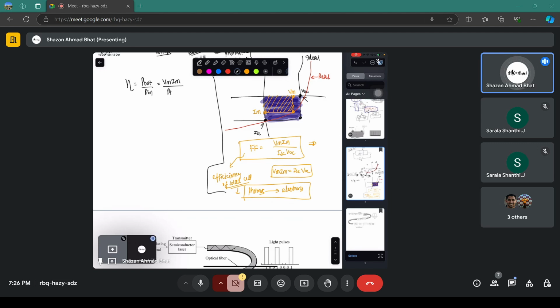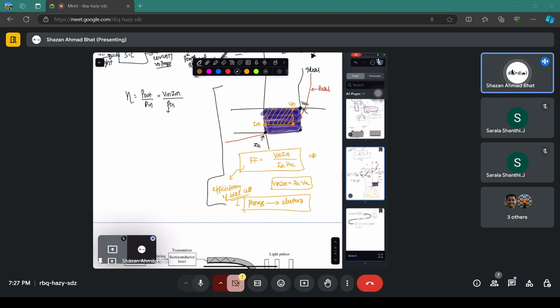Okay, and P in is basically the power of the light source, which is being irradiated onto this particular solar cell. And now you can write this Vm Im using this particular equation. You can write Vm Im to be equivalent to Voc Isc into fill factor divided by the input power of the solar cell. So now you see that the efficiency of the solar cell directly depends upon this fill factor.